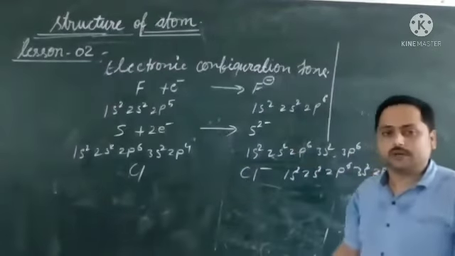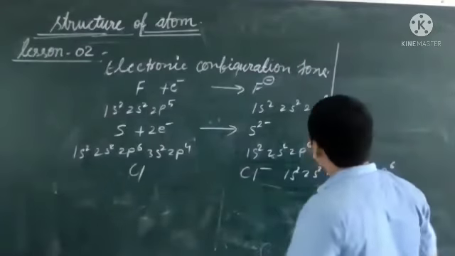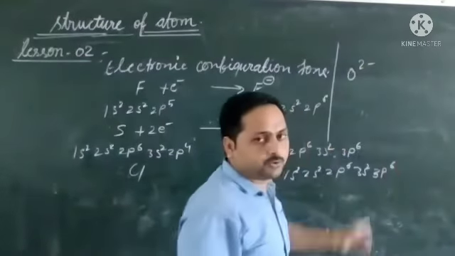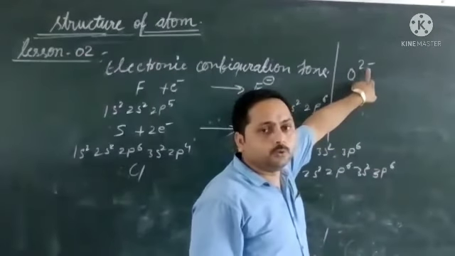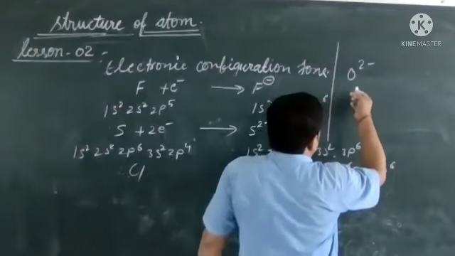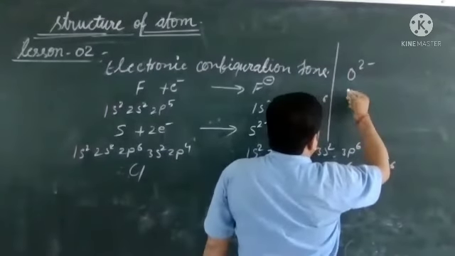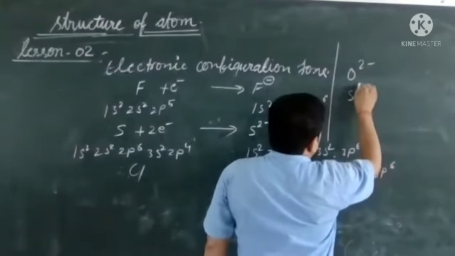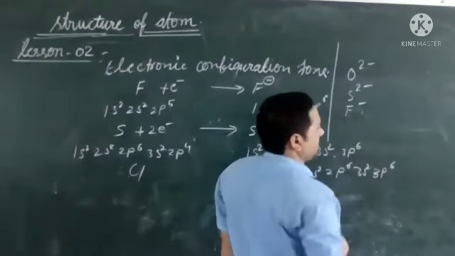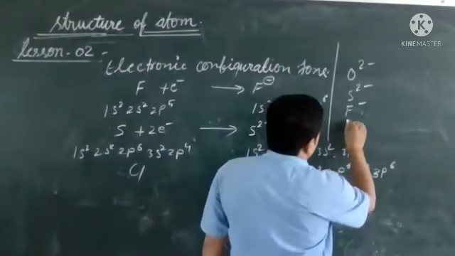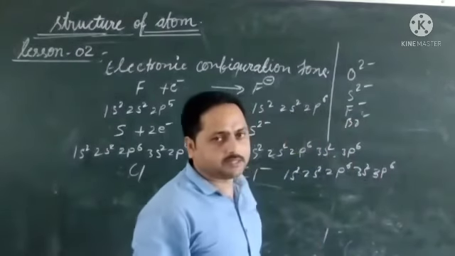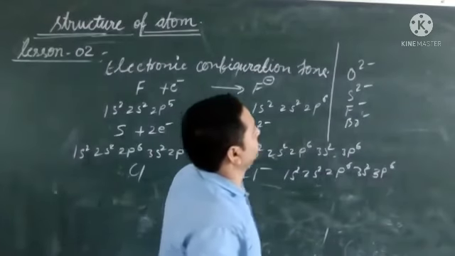Write the electronic configuration of these ions: O2 minus, S2 minus that you have done already, F minus and Br minus I am giving here.